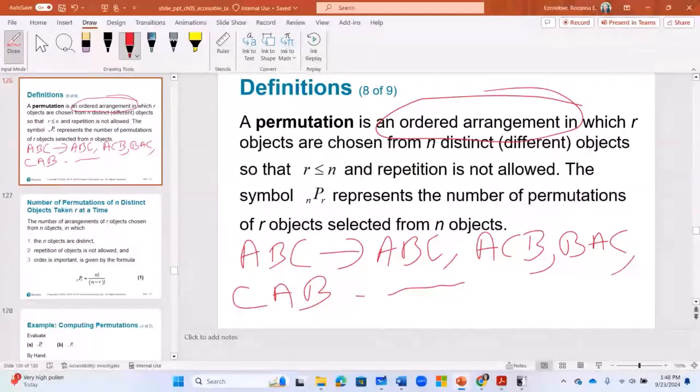I'm sorry if I'm shouting, because students misunderstand the meaning of permutation and combination. If you don't understand the difference between combination and permutation, then you will never understand the question. You won't know when a question is a permutation or a combination.